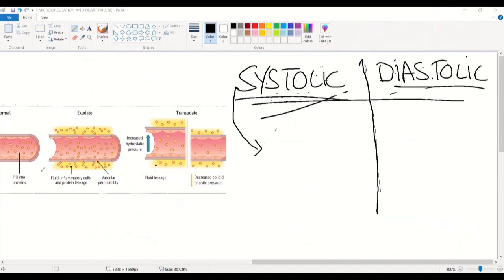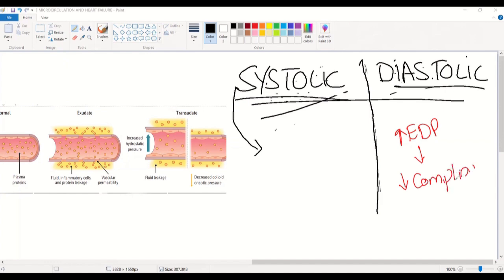Can you go over that concept again? Okay. If the end diastolic pressure is increased, it means that compliance is decreased. Why?